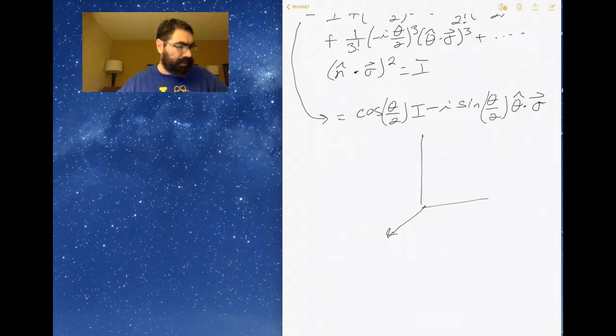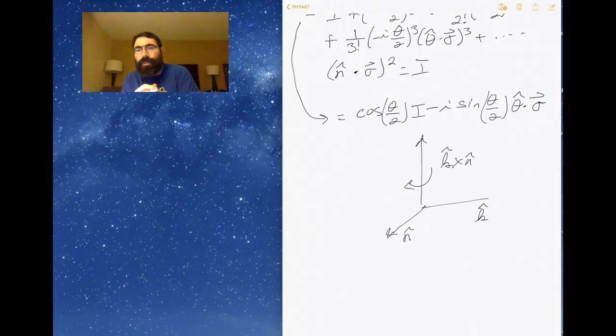Here is n hat, here is the z direction, and we're going to do this rotation around the cross product of those two vectors. So I'm creating an orthogonal basis by taking the direction vector and the z direction, with this angle theta, and I do my rotation about the axis perpendicular to that plane.